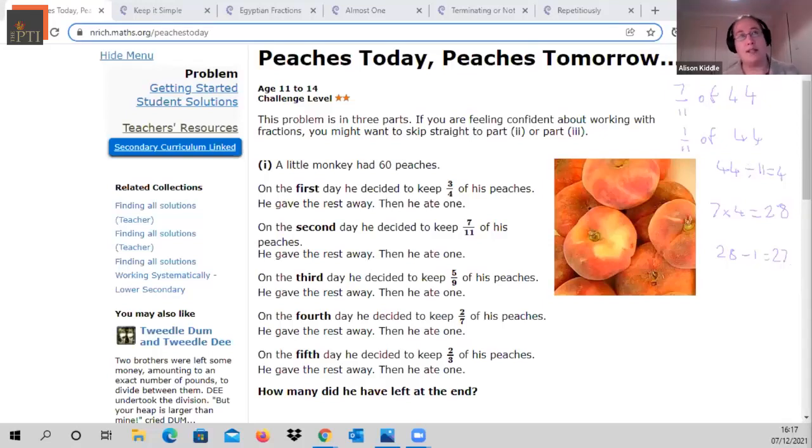What I mean by this is, if I was teaching children how to find a fraction of an amount, I could say, first I want to find 1/11 of 44, and then I want to find 7/11 of 44 by multiplying it by 7. But instead, I might say to find a fraction of an amount, you divide by the denominator and multiply by the numerator, or even you multiply by the numerator and then divide by the denominator.